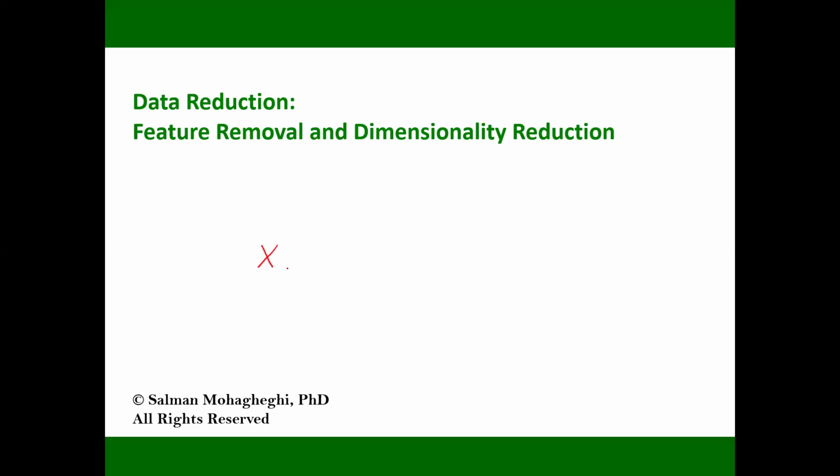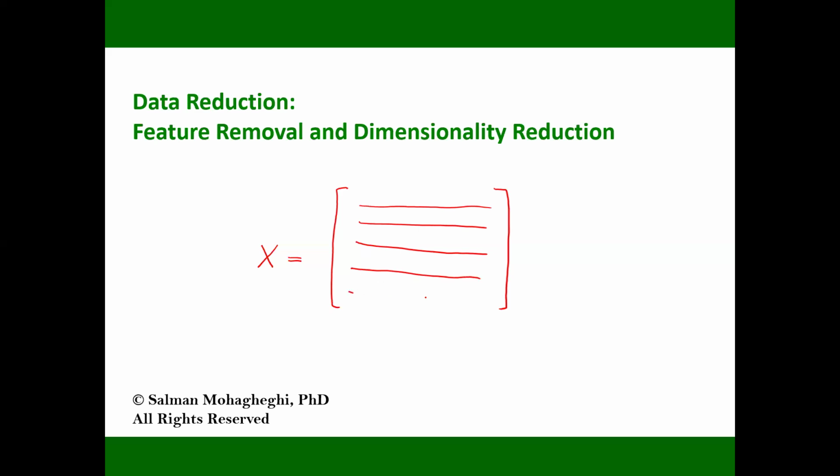We talked about a data set in the form of a matrix. The rows of this matrix would be individual observations or data instances or samples. For example, this could be individual number one, individual number two, individual number three, and so on. The columns are features, predictors, or dimensions associated with each observation.